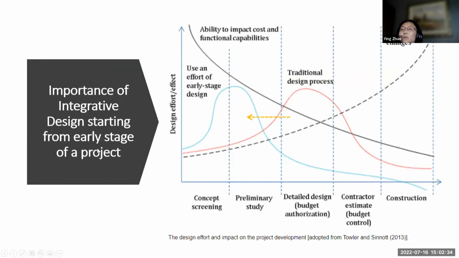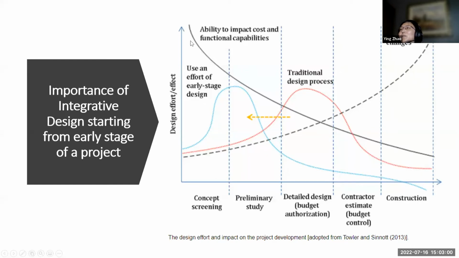So this shows the importance of integrated design starting from the early stage of the project. That chart shows a typical situation: the cost of design changes will be very high at the end, in the construction phase, but very low in the early design phase.